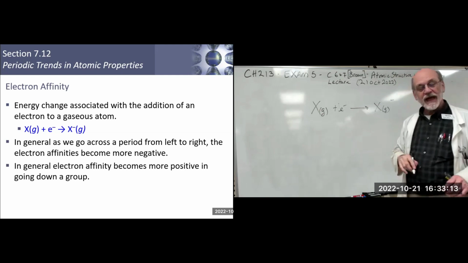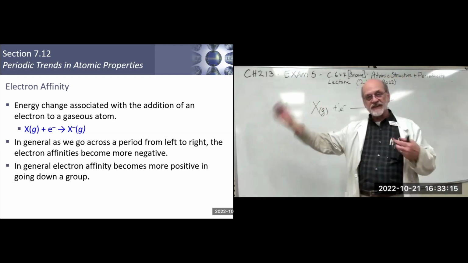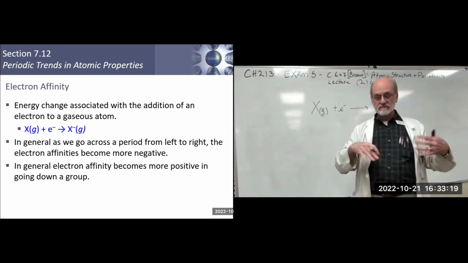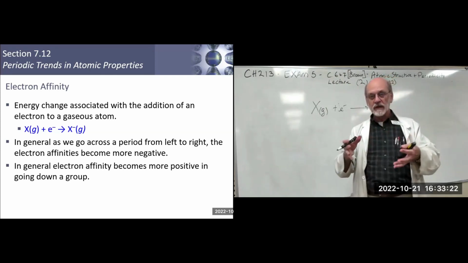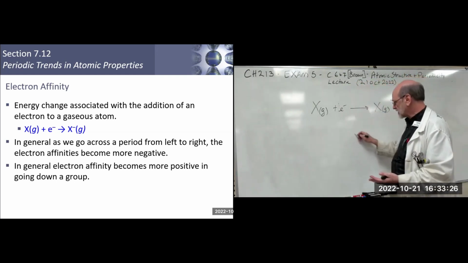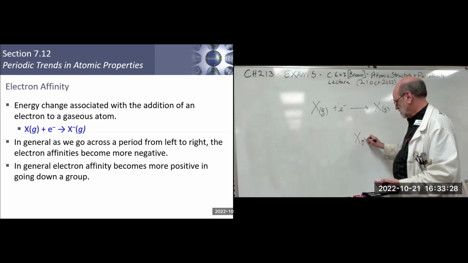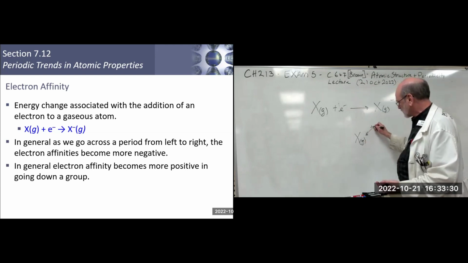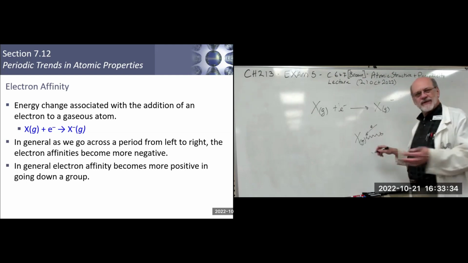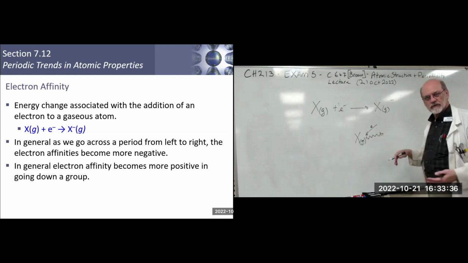Now, when an electron comes from infinity down to the highest energy level orbital, it loses energy. Right? So when this X accepts an electron like that, it gives off energy. It may be light or it may be heat. I've just drawn that for effect.